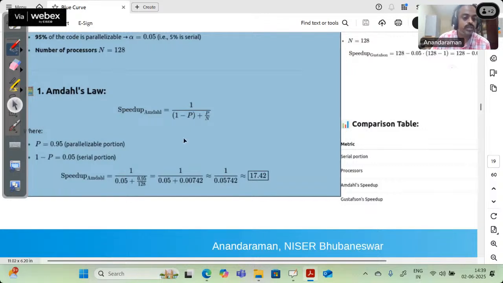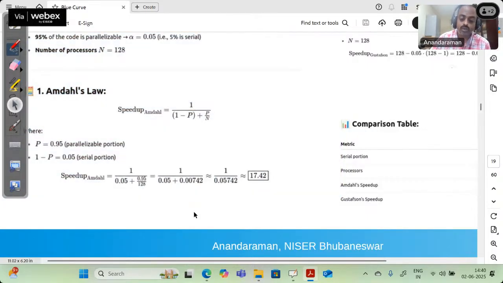Substituting this value in the formula, with 128 as the number of cores, I am getting approximately 17.42 times faster. If I use a single processor without parallelizing, I will get very little speed. But if I use a 128 core processor and 95% of my code is parallel, I will get 17.42 times faster as per Amdahl's law.